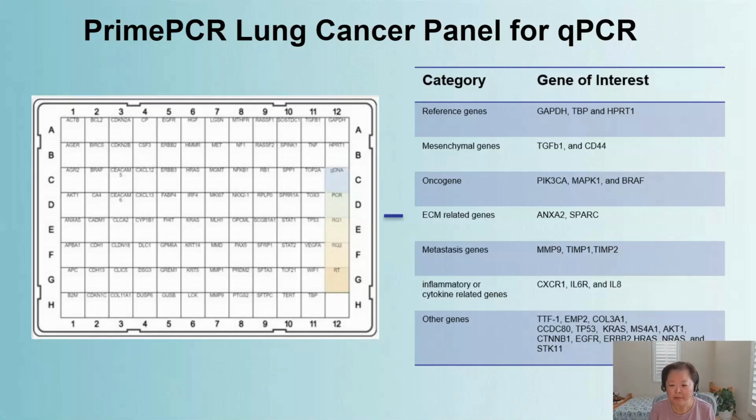The table on the right lists all of the genes of interest detected using the lung cancer panel. 14 of them are biomarkers from the circulating tumor cells, the CTCs, which further demonstrate the efficiency of the enrichment and the rare cell capture using our Genesis system.